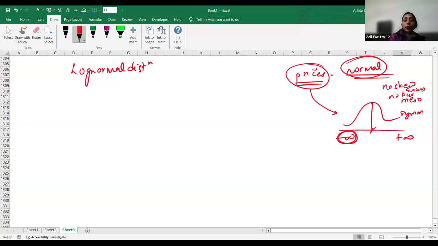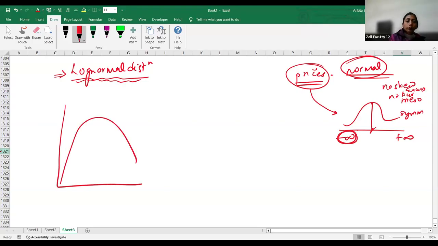So how do I show the prices? For prices, I use a log normal distribution, which is a distribution like this, bounded by zero and going to positive infinity. It is not symmetric.